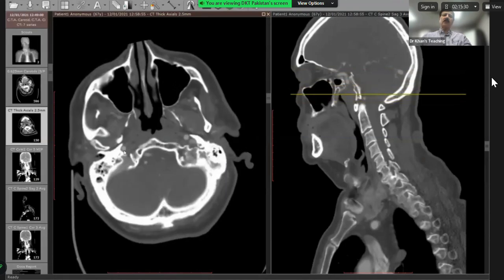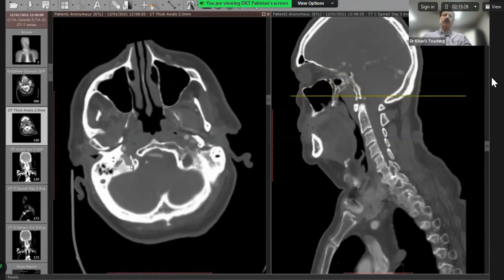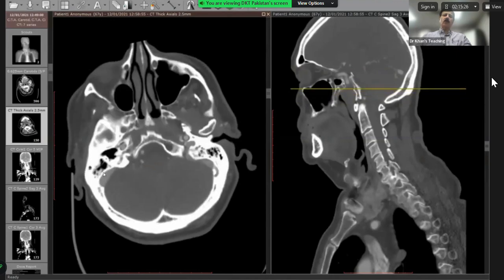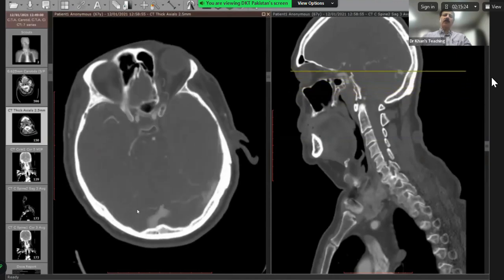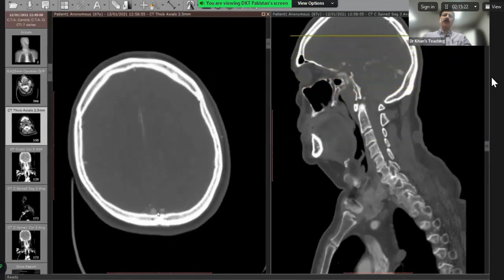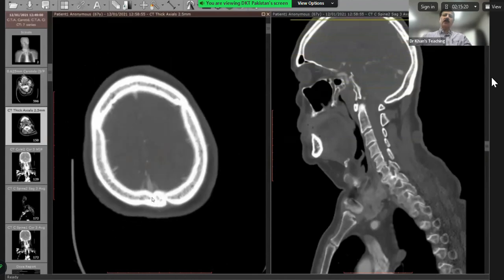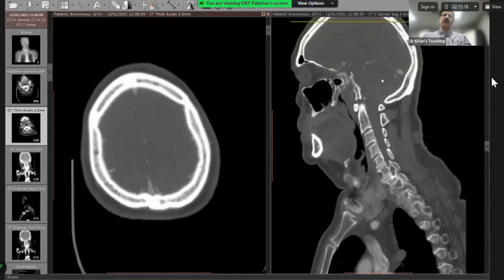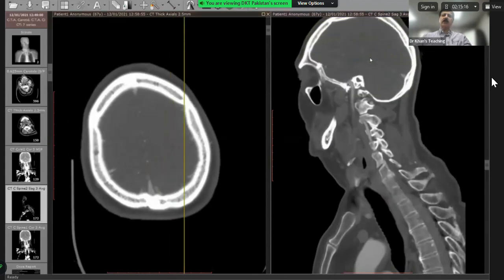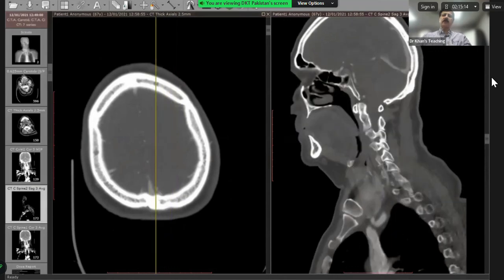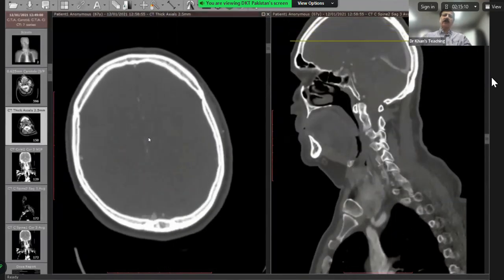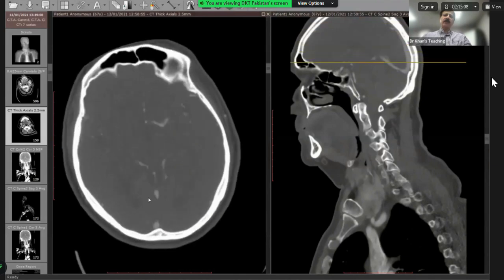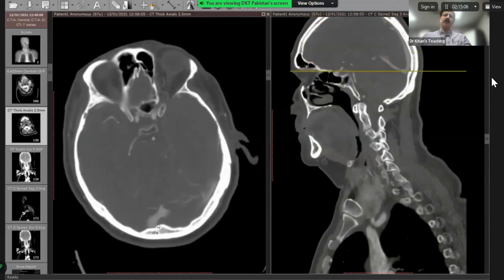Now, let's see the jugular foramen. So if you see here, I am going superiorly. So you can see that this is the superior sagittal sinus. And we are coming inferiorly. This is the superior sagittal sinus.